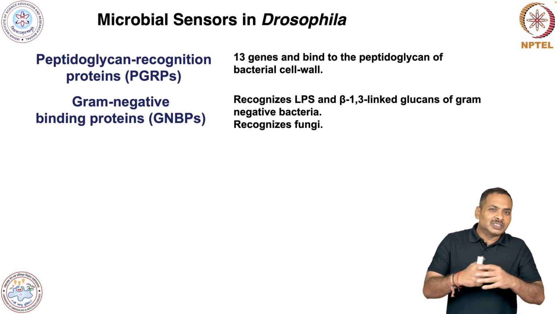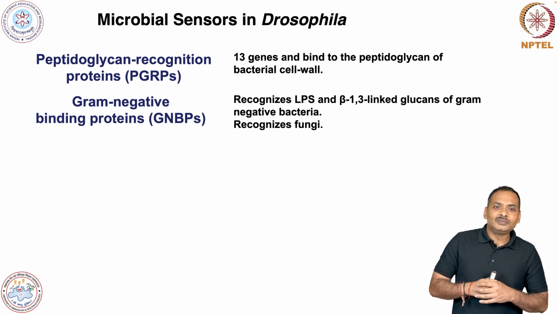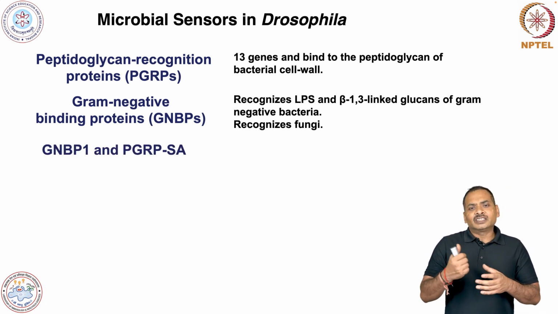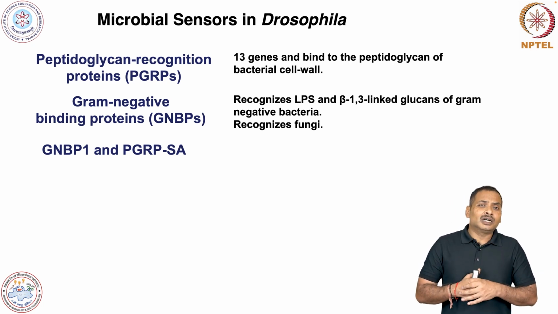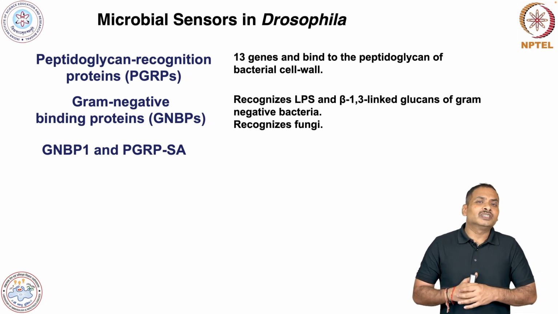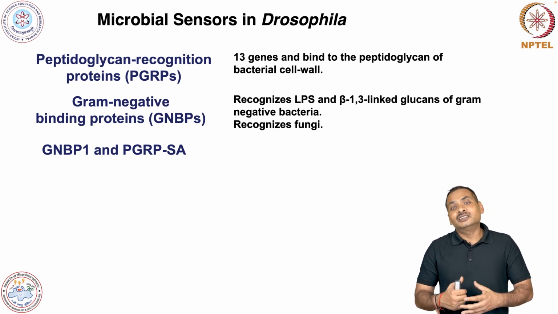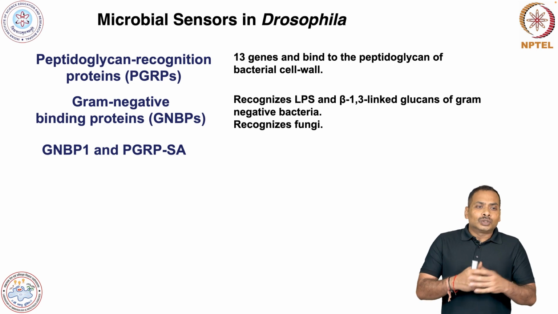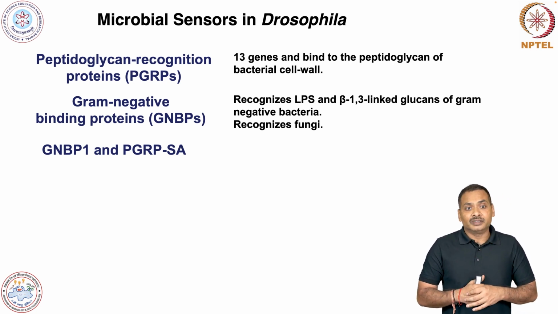So glucan is basically present in fungi, okay. So they recognize these GNBPs, which basically play an important role in recognition of gram negative bacteria and fungi. So there is a set of molecules like GNBP1 and PGRPSA.